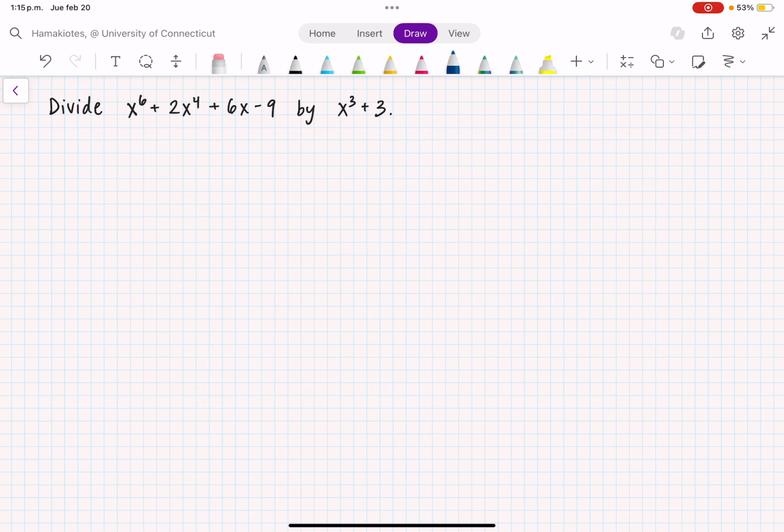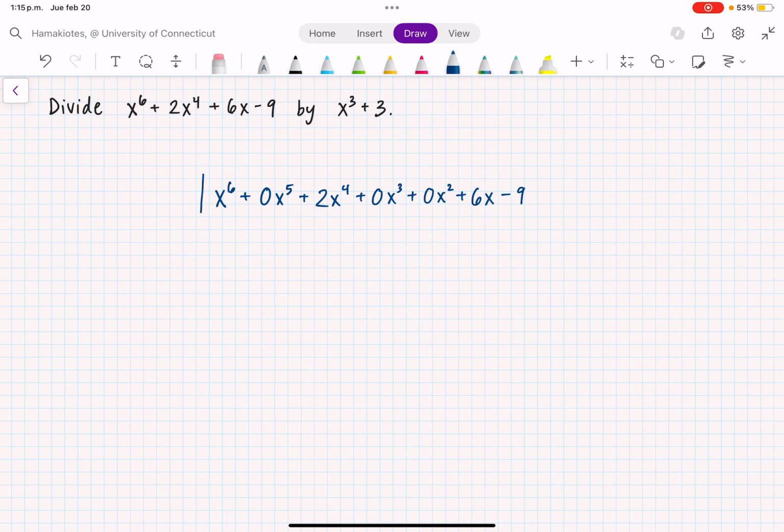So what do I mean by that? We're going to write x to the 6th plus 0x to the 5th plus 2x to the 4th plus 0x cubed plus 0x squared plus 6x minus 9.